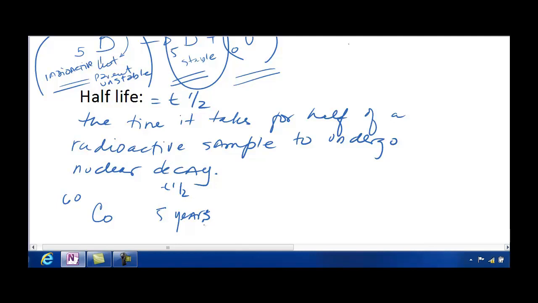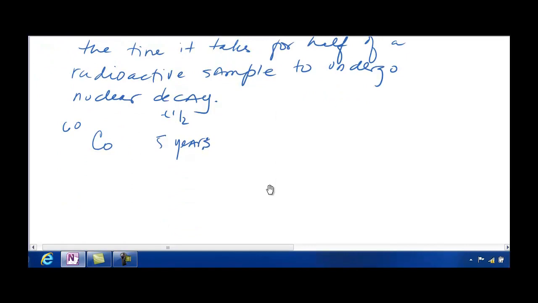If you're talking about something like P32, we talked about P32. P32 is used to detect tumors. After my PhD in inorganic chemistry, I went to med school, and we did cancer research for a while.